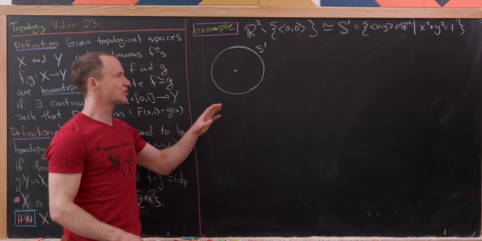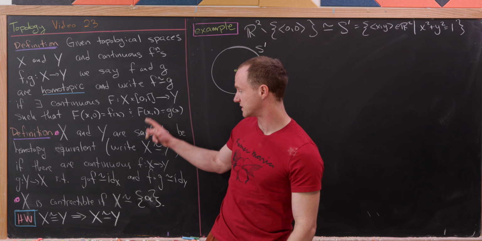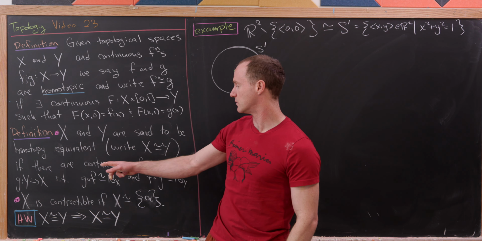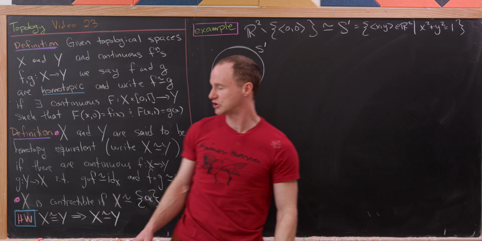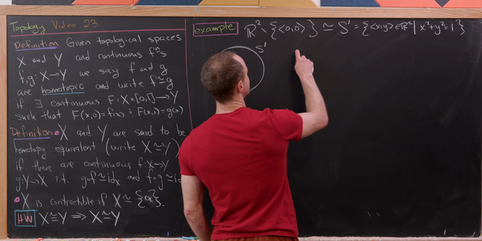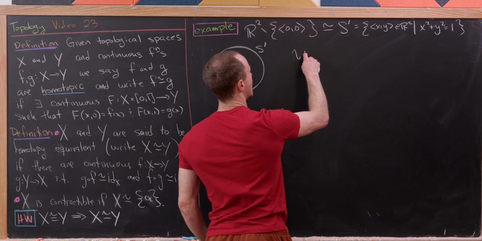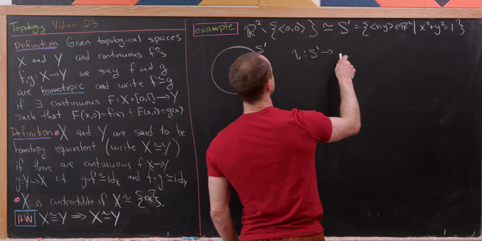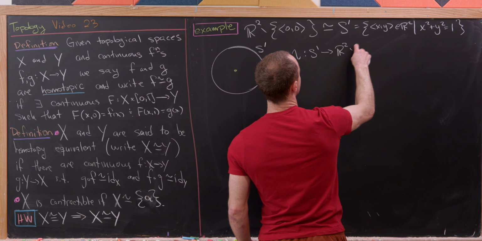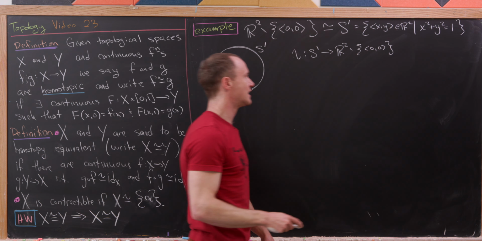Okay, so to show that these two things are homotopy equivalent, we need two functions so that when we compose them, we get things that are homotopic to the respective identities. So let's first consider the natural inclusion of S1 into R2 minus this point which is the origin, in other words, the punctured plane.